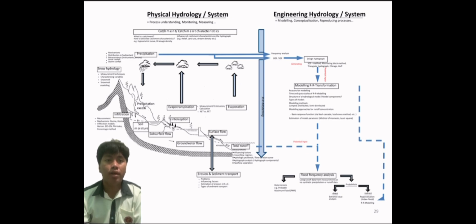So, once the catchment is understood, we delve into the key hydrological processes: precipitation, measurement and types, aerial rainfall, storm rainfall. Snow hydrology includes snow measurement, snow melt, and modeling.